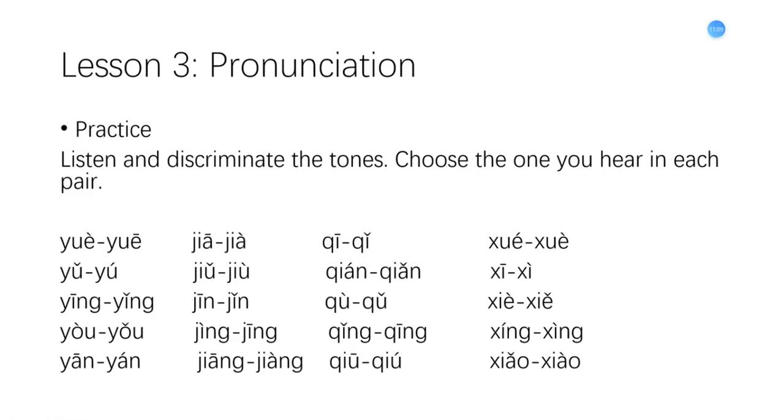影影金金去去写写 Okay, next line. 又又金金请请行行 Okay, the last line.